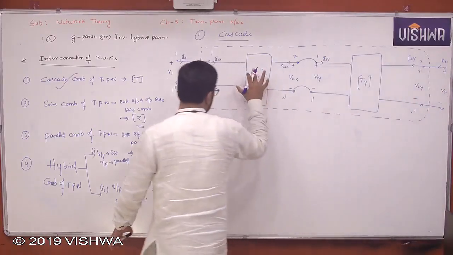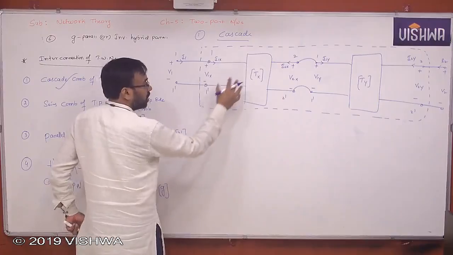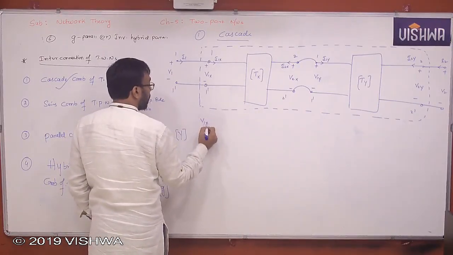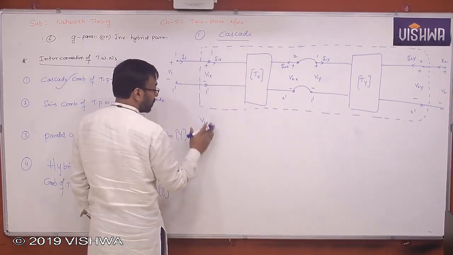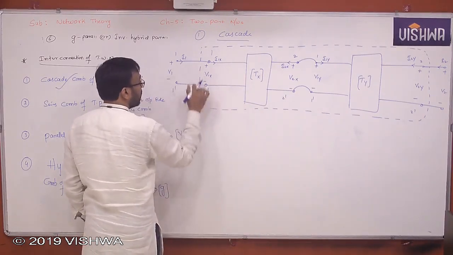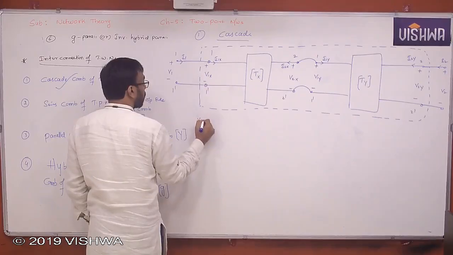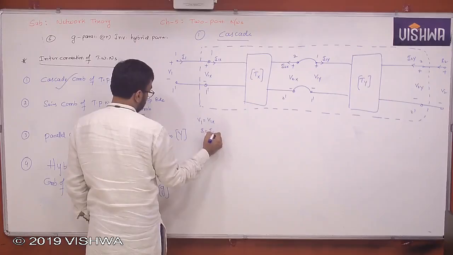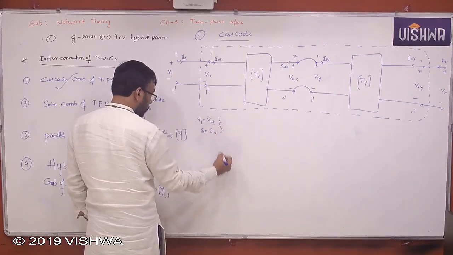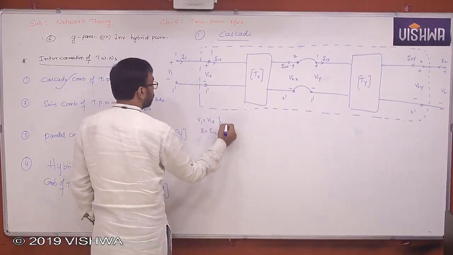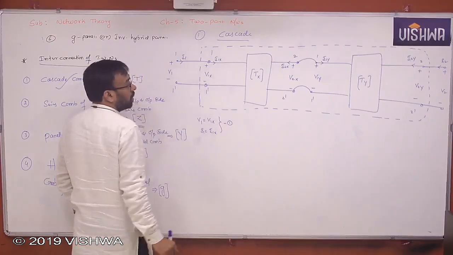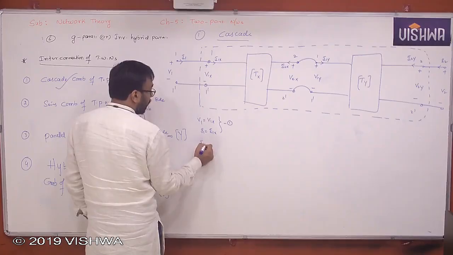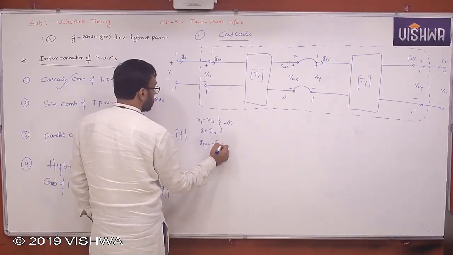Now what is the relation between the variables in case of the first? Let us see first of all the relations. V1 is equal to V1x. I1 is equal to I1x. Yes or no? This is one combination. You can see I1y is equal to minus I2x.